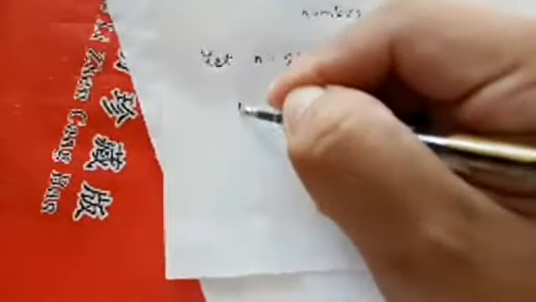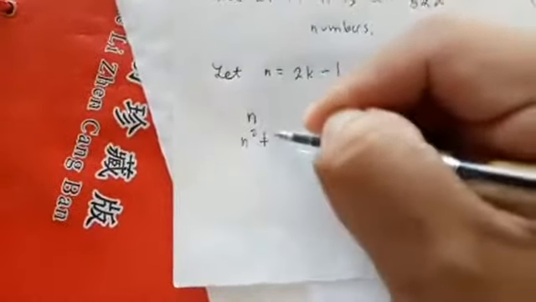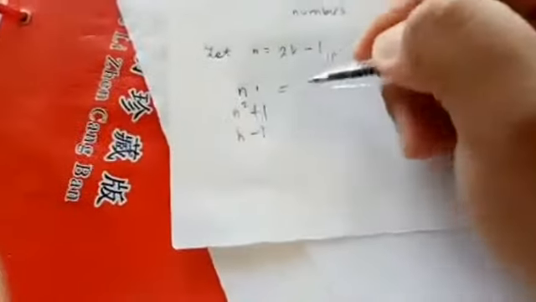If n is an odd number, let us look at each of the expressions. For n, by substitution, we have 2k minus 1, so automatically it is odd. How about n squared plus 1?